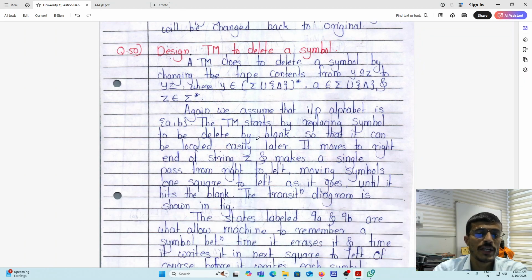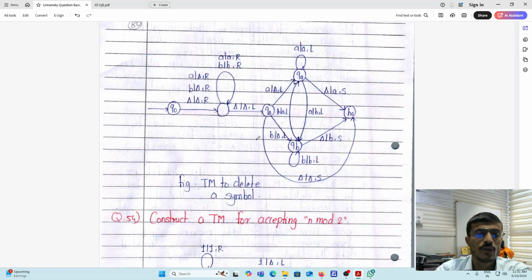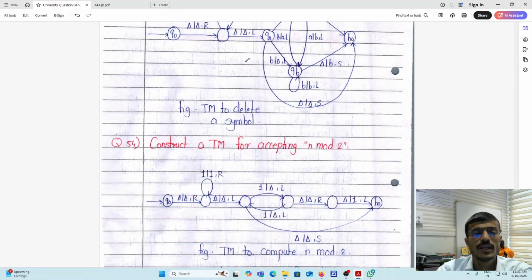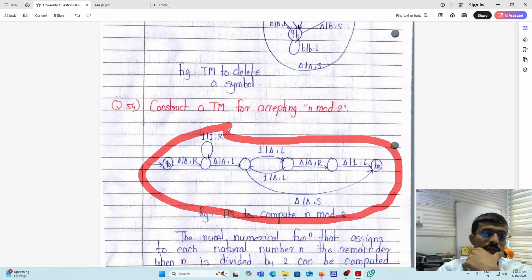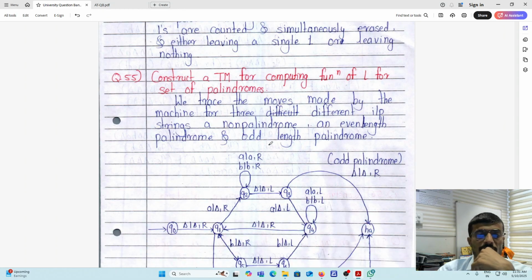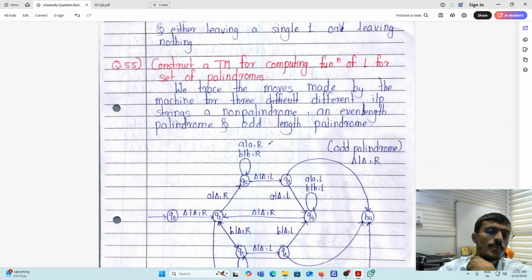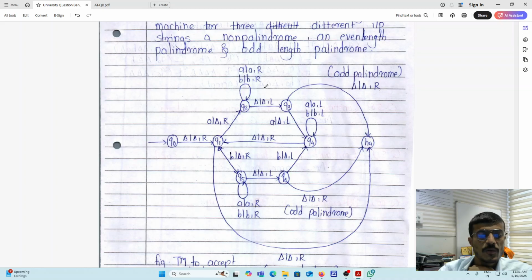Then the Turing machine to delete a symbol. This is the Turing machine for deleting a symbol, so keep in mind this diagram also. Then the Turing machine for accepting n mod 2. I have already given this for the university CI examination. Then the Turing machine for computing the function for L, the set of palindromes.